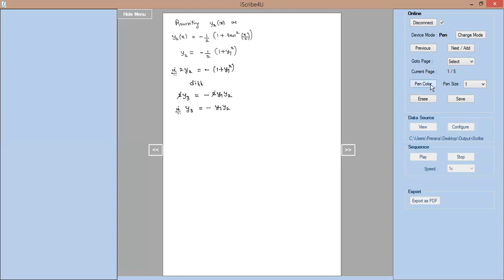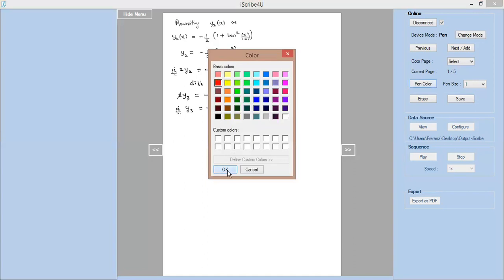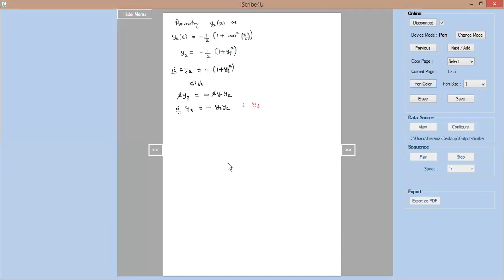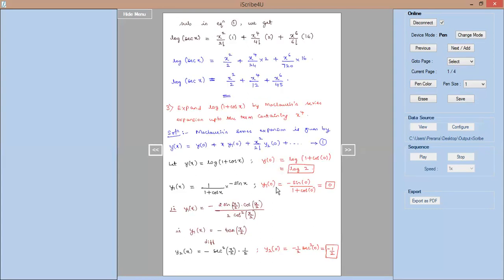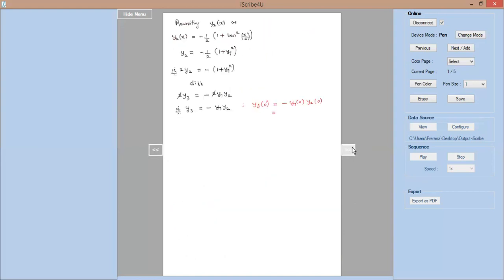And now we will find out y3 of 0. This is minus y1 of 0 into y2 of 0. Let's look back for y1 of 0 and y2 of 0 values. y1 is 0, y2 is minus half. So 0 into minus half will give us 0. So y3 of 0 value we obtained as 0.